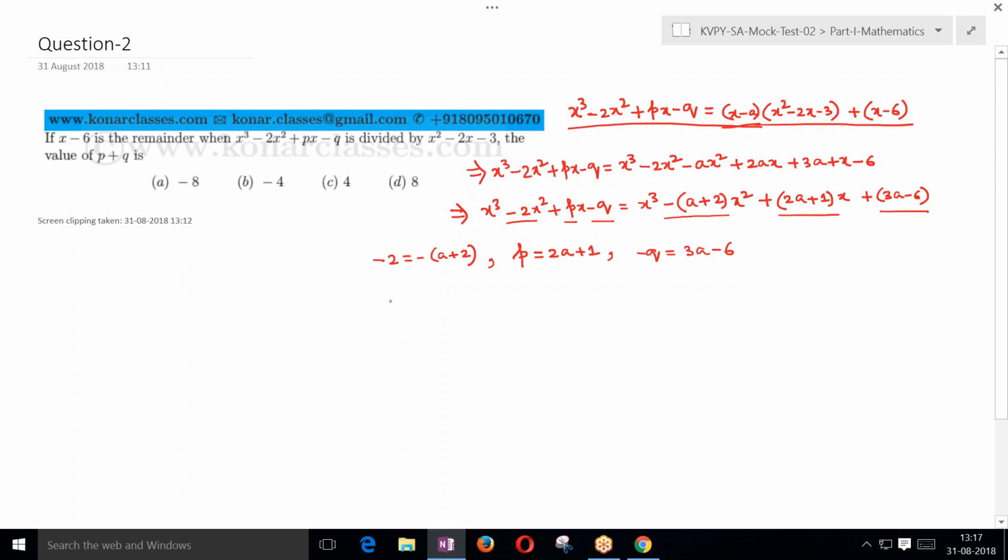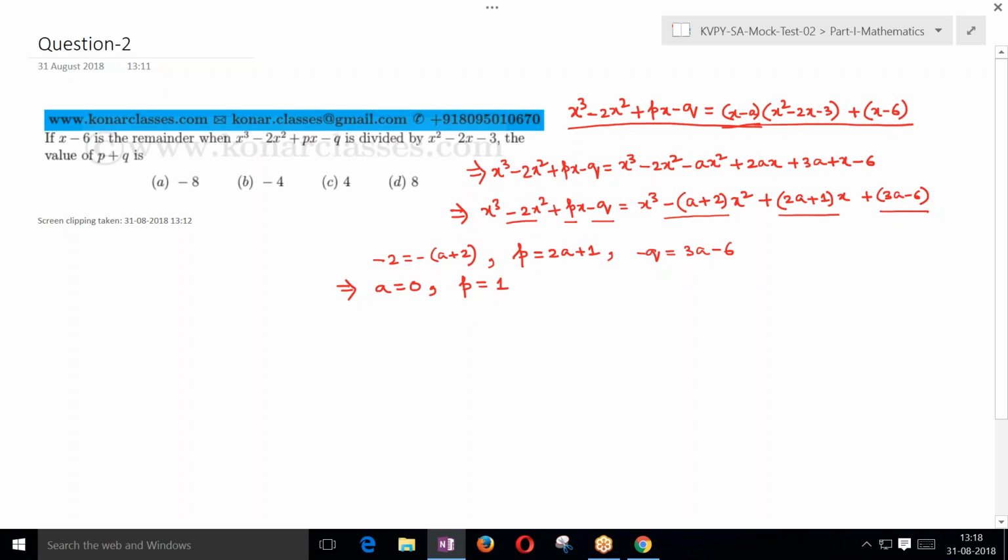Now if you solve these, what is the value of a you will get? The value of a you will get is equal to 0. The moment a is 0, p becomes 2 into 0 plus 1, that is 1. Sorry, I think I made a mistake here somewhere.